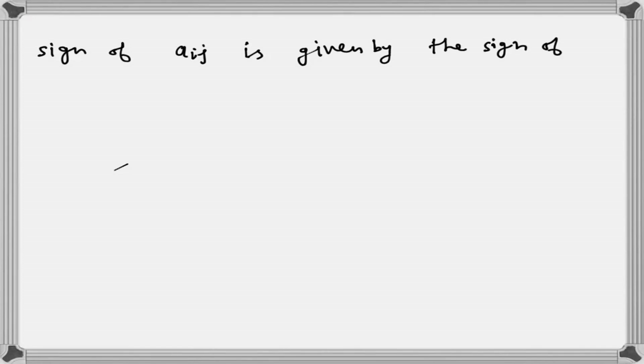The sign of Aij is given by the sign of (-1) to the power i plus j. So if i plus j is an odd number, then there will be a negative sign, otherwise it will be a positive sign.